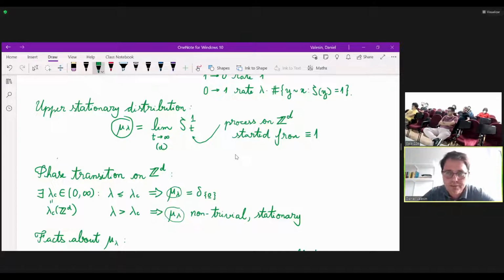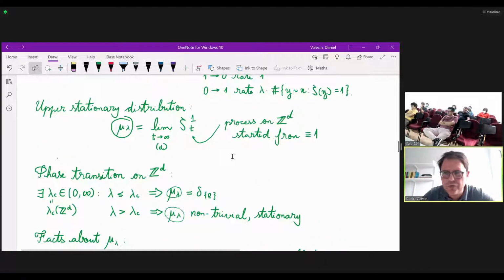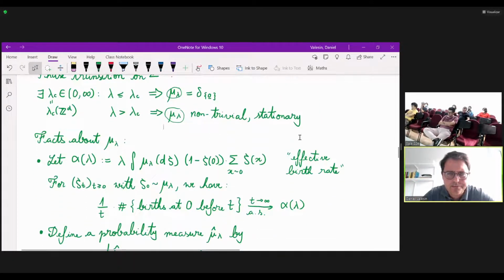So I will mention some facts about mu lambda, the upper stationary distribution. These are facts that are not so well known, so even if you know about the contact process, you might not have seen this before. The first one is I'm going to define this number alpha of lambda, and I call it the effective birth rate.